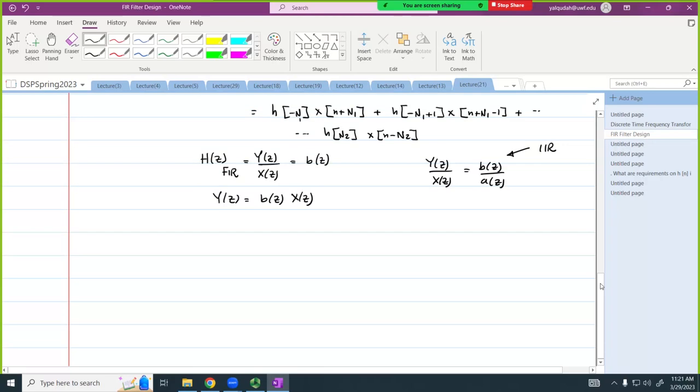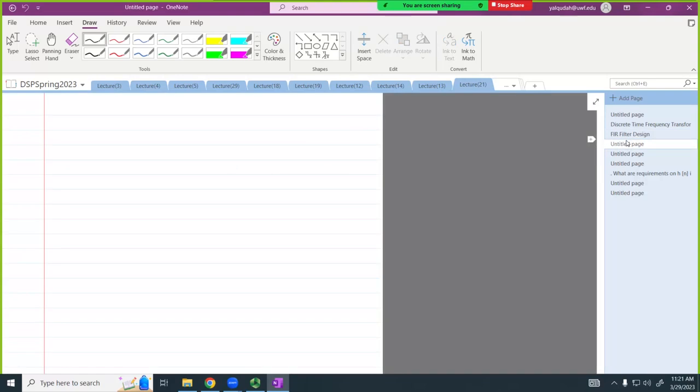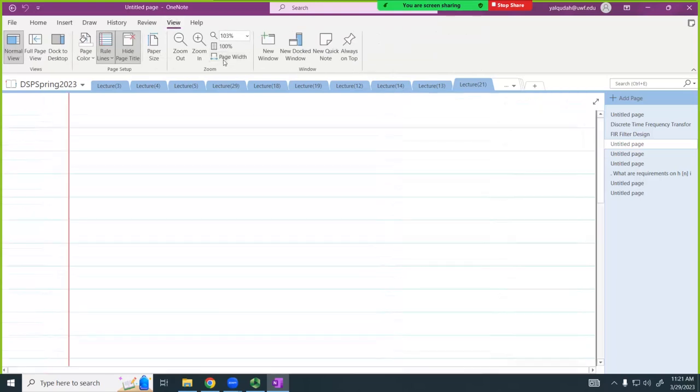Okay, so what we're going to do is look at some simple FIR filters that we're going to design by inspection, and then we're going to look at designing the filters using the windowing method. So let's start with building some simple filters, similar to what we've done with the pole zero placement method.